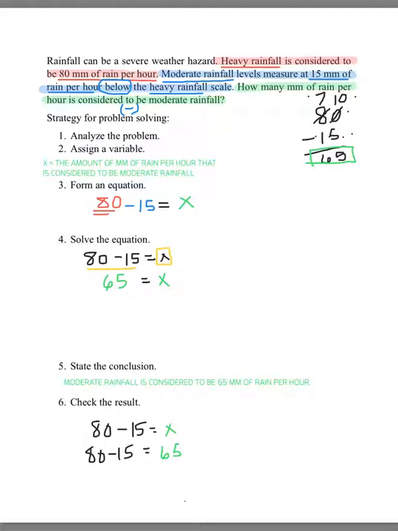And then we have already shown that 80 minus 15 is equal to 65. So we end up with 65 on the left. And we ask ourselves, is 65 equal to 65? The answer is yes, and therefore our solution is correct.